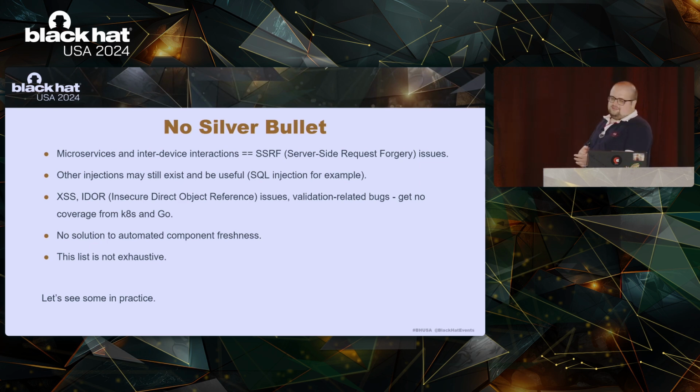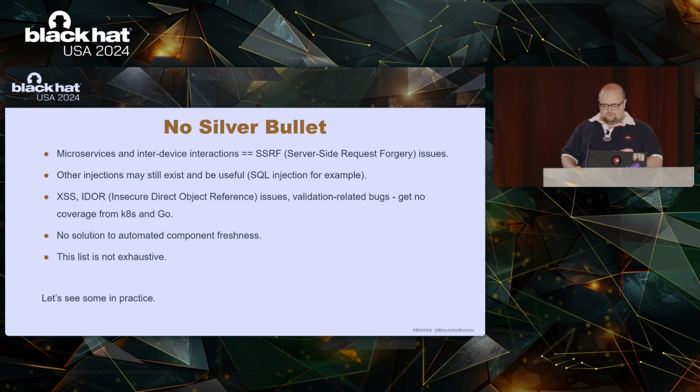Things like XSS, insecure direct object reference issues, validation-related bugs, and whatever other bugs you can imagine, they don't really get a lot of coverage from Kubernetes or Golang either. So you probably cannot type juggle, but that's it. There is no further coverage. And there is still no solution to component freshness. So the device arrives as is, and until you update it, it just stays the same. And this list is probably not even exhaustive.